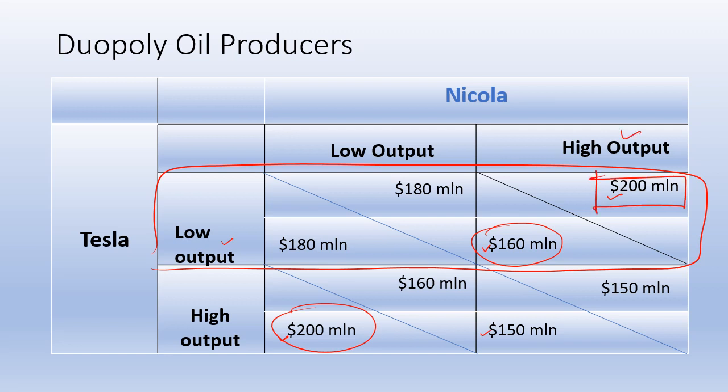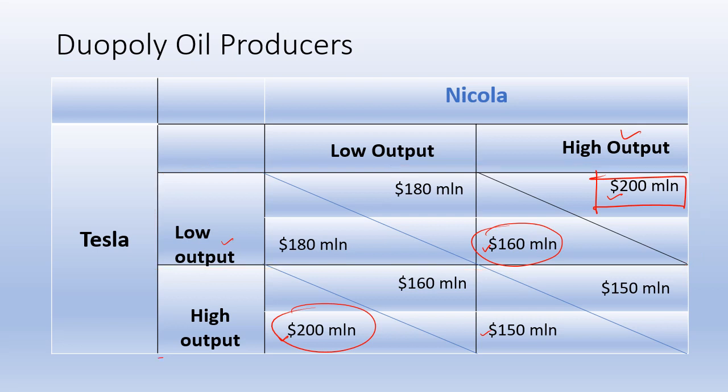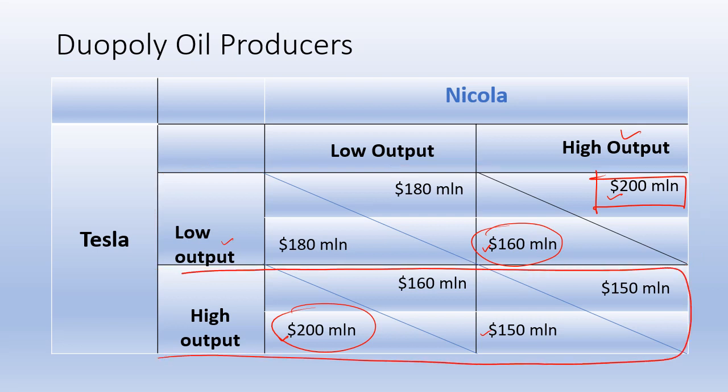However, if Tesla produced high output, in which case the game would get stuck on the bottom row, then Nikola would produce low output because $160 million would be better than $150 million here.